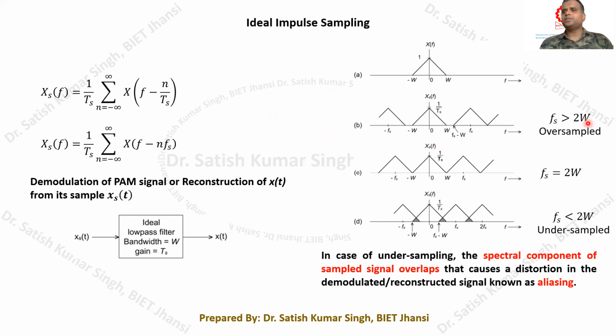If this is our fs, then this portion will be fs minus W, because we know its lower limit is minus W. We can calculate whether there is a gap between these two portions. Since the gap is visible to be more than 0, fs minus W is greater than W, so fs is greater than 2W.